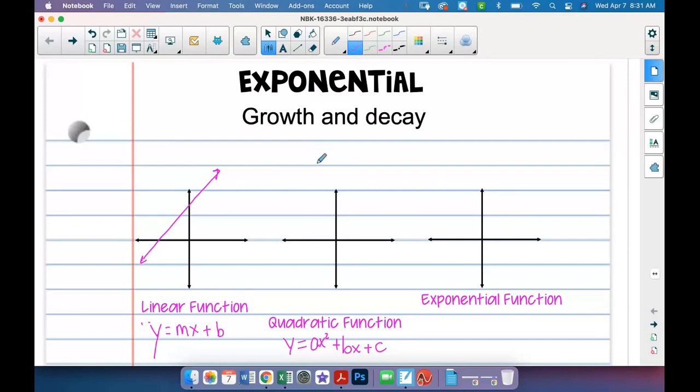And the quadratic function is a parabola.